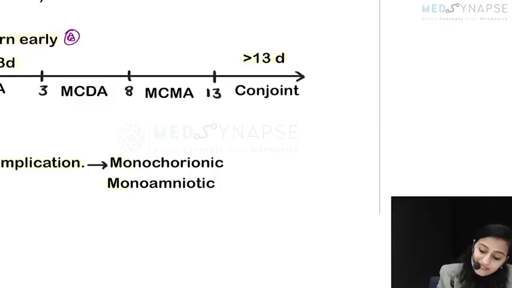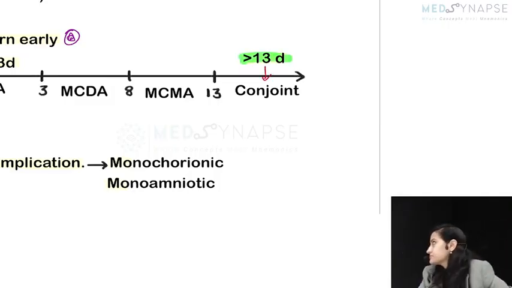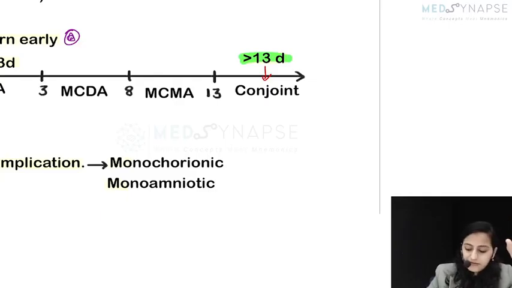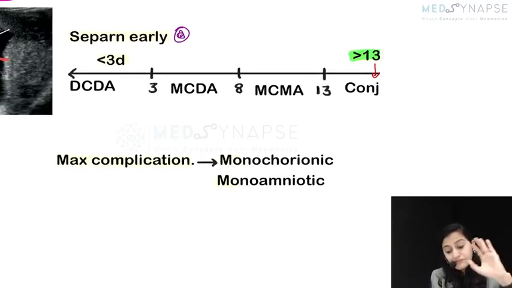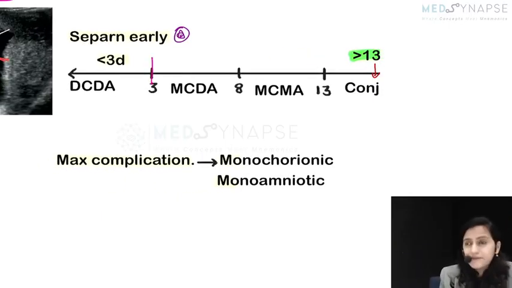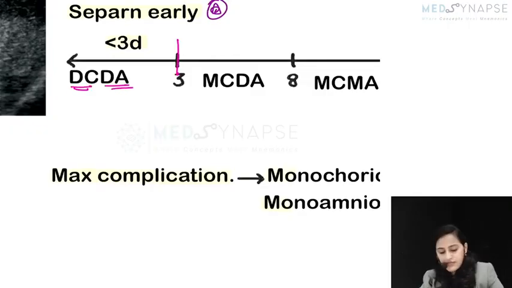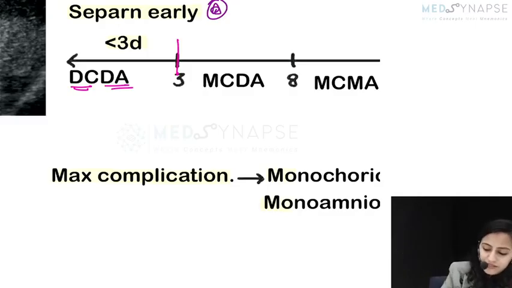So if it is late, सबसे आखिरी, इतना close, conjoined. तो conjoined is मतलब सबसे आखिरी में. अगर सबसे अर्ली सेपरेशन डेज है, दैट इज विद इन 3 days, भाई जल्दी सेपरेट हो जाओ. तो इट इज कोरियन भी अलग, एमनियन भी अलग, डाइकोरियोनिक, डाइएमनियोटिक.